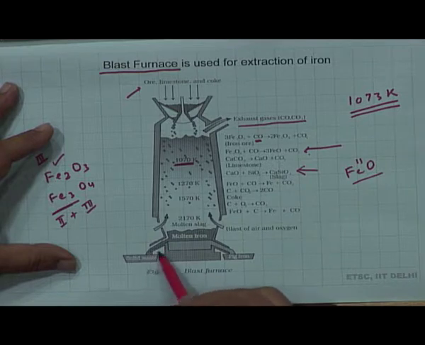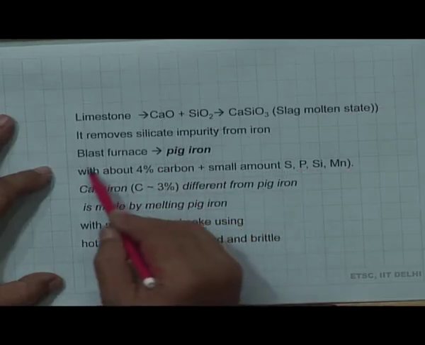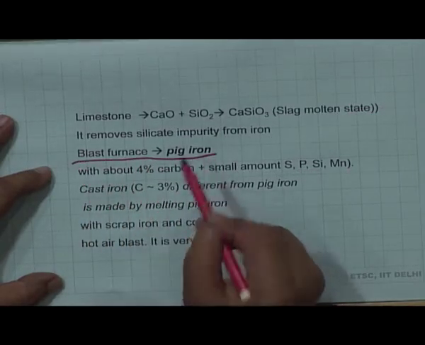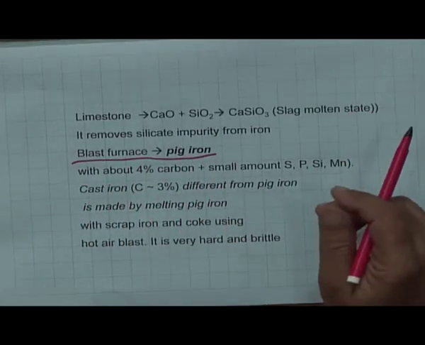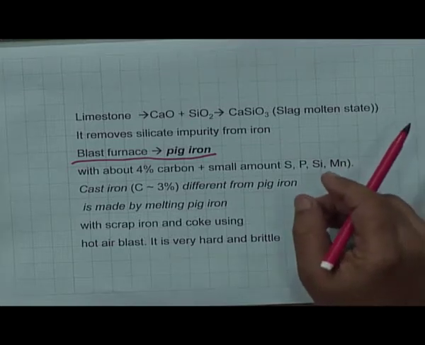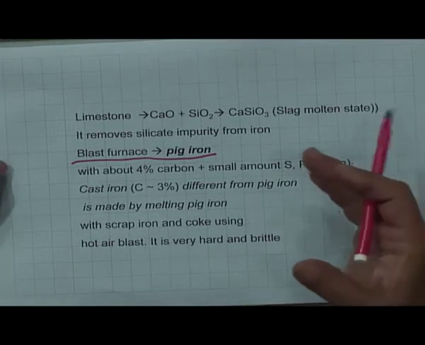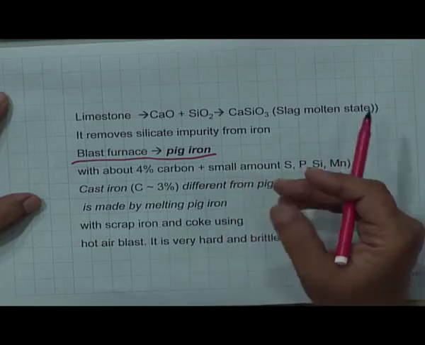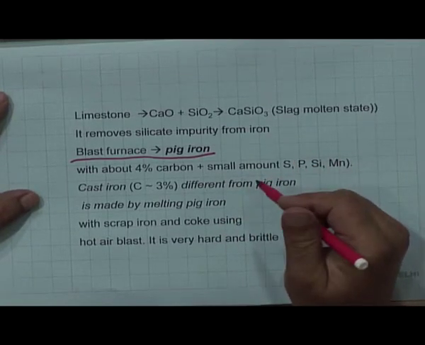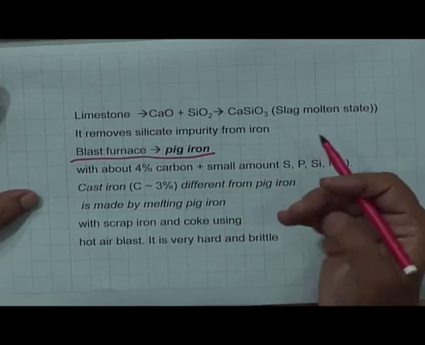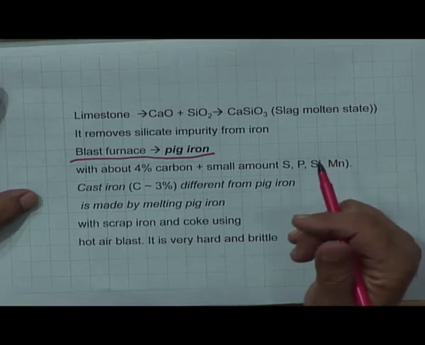So, slag is separated out from the molten iron. From the blast furnace, the iron which we get is called pig iron, because when the molten iron comes out from the furnace, its shape is like that of a pig, that is why it is called pig iron.